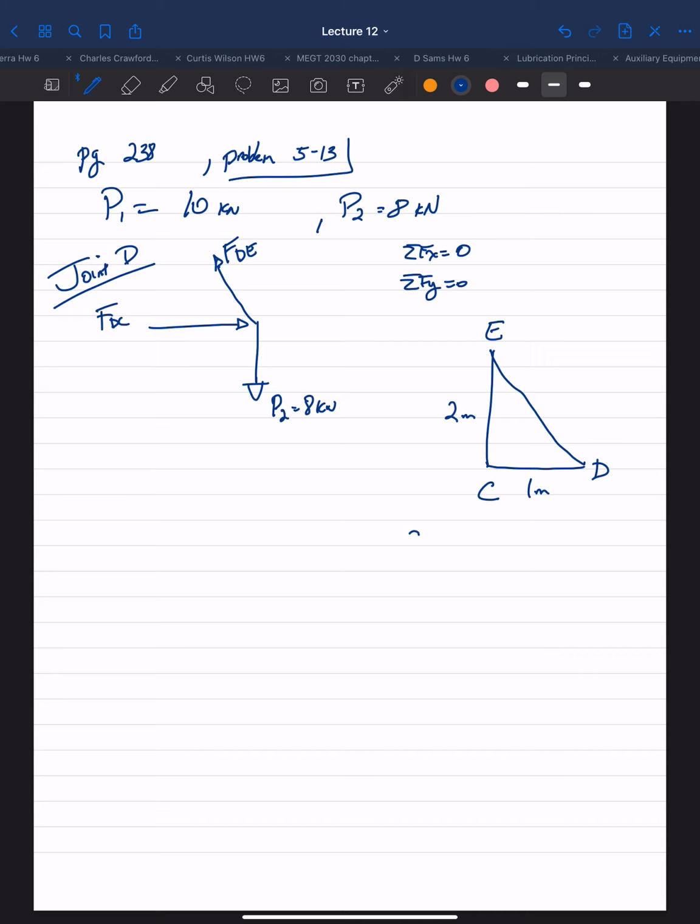And we know a squared plus b squared equals c squared. This would be a, this would be c. So c would be the square root of 1 squared plus 2 squared. Applying that to get our slope angle of member DE, this is 1, 2, square root of 5.